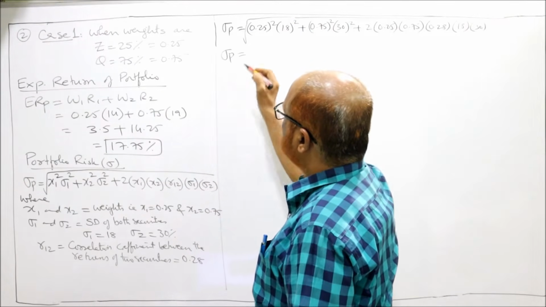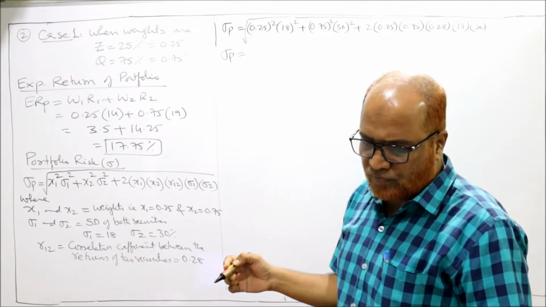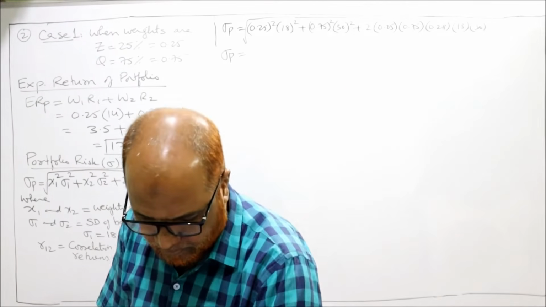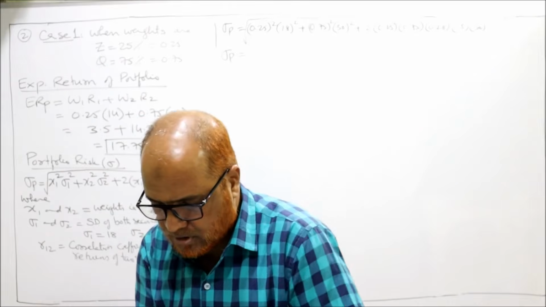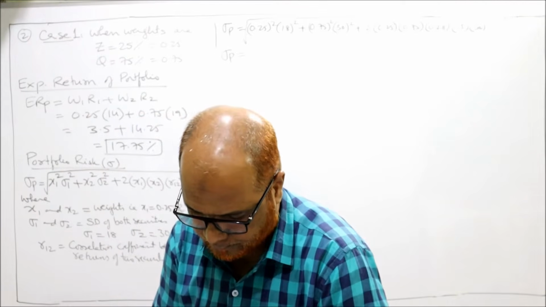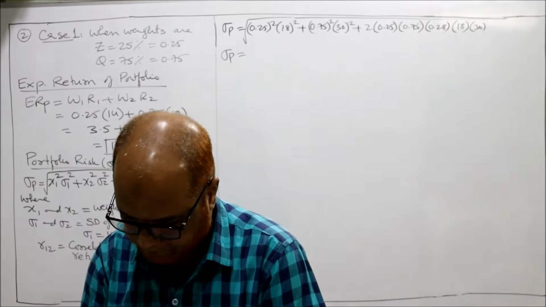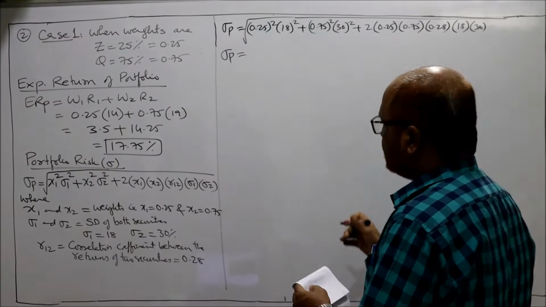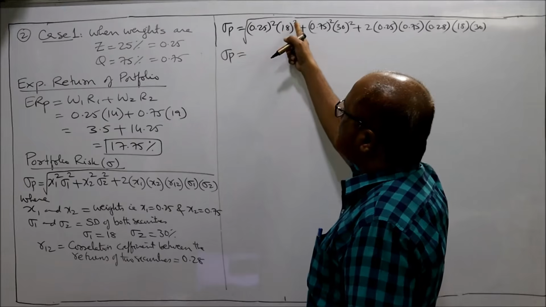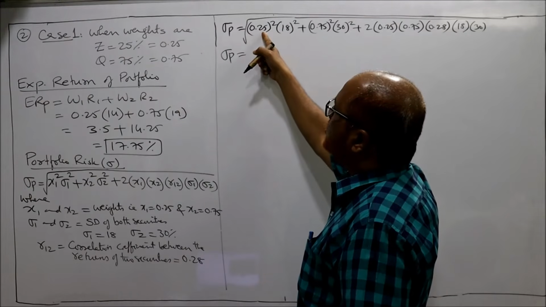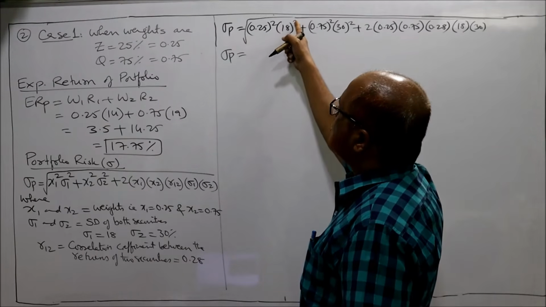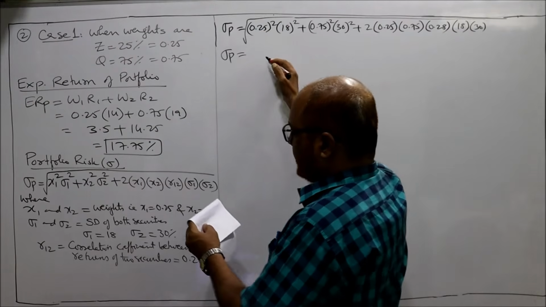Now I can find sigma P. 0.25 square, 0.25 into 0.25, you will get 0.0625. So 18 square into 0.0625 you will get 20.25.